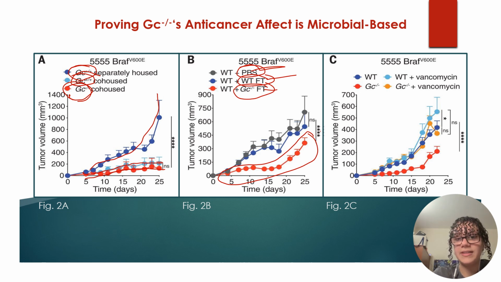And to further clarify this, we looked at it with antibiotics, meaning that any microbial changes would be removed. So as you can see here, this light pink line right here ends up being the same. This shows that GC inactive's anti-cancer effect is indeed microbial based.